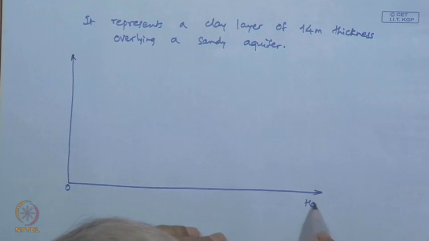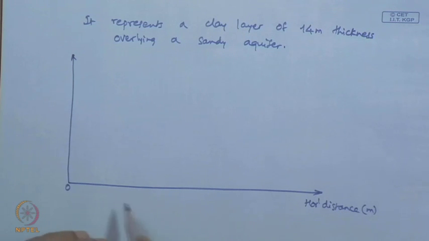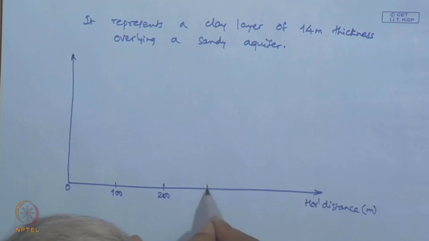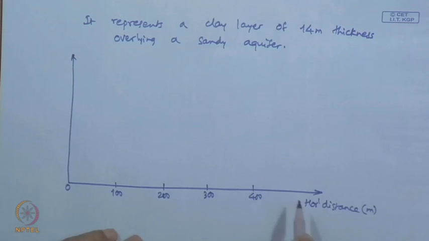This is the horizontal distance, which is in linear scale, say 100 to 500 meters.